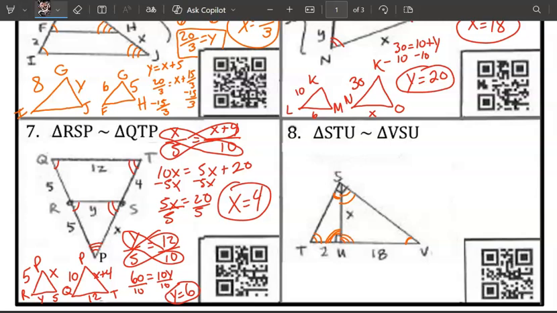Let's draw these triangles. And then let's go ahead and label our side lengths.